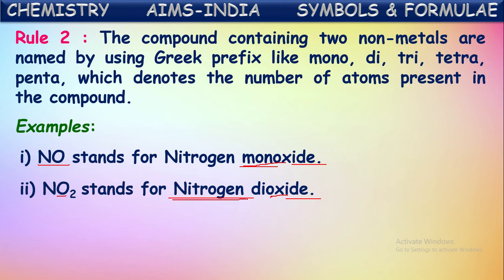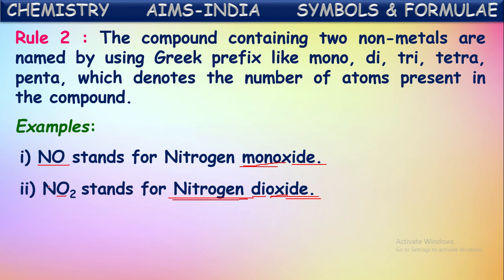So it becomes nitrogen oxide. At the same time, the number of atoms present should also be mentioned using Greek prefixes. Here there are two oxygen atoms, so that is mentioned with di. So it becomes nitrogen dioxide.